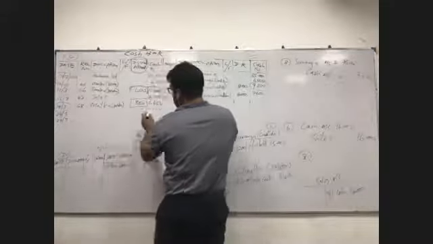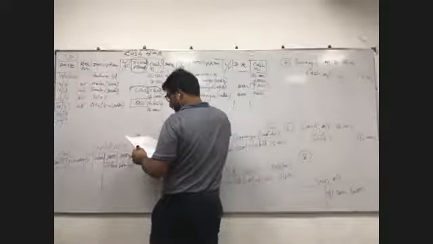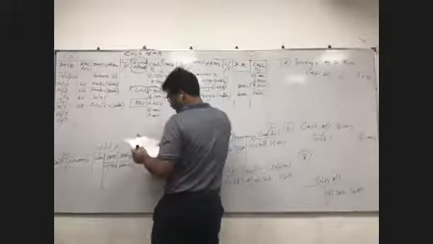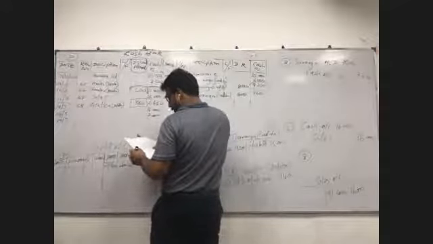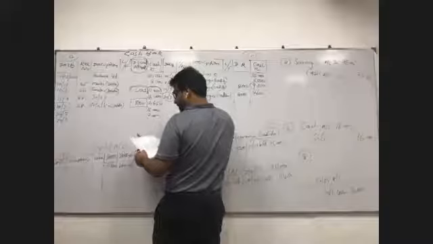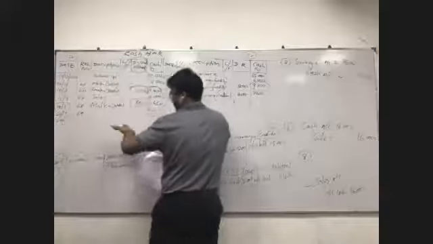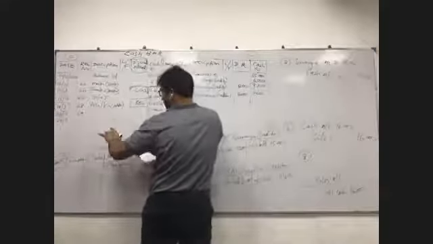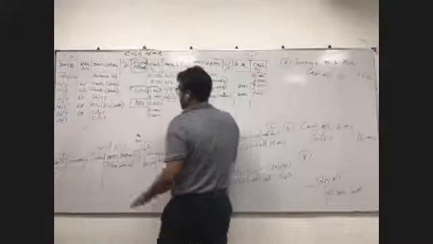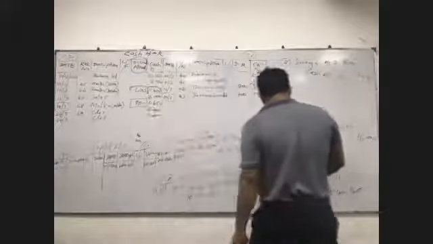So cash received, 16,000. Check received, 7,000. Since they have given only one receipt number, you can add them and put one, or you can write them separately, sales. Double entry for this, cash account debit, sales account credit.